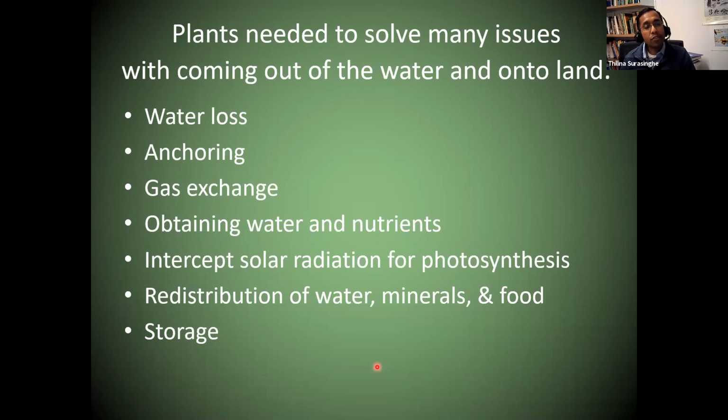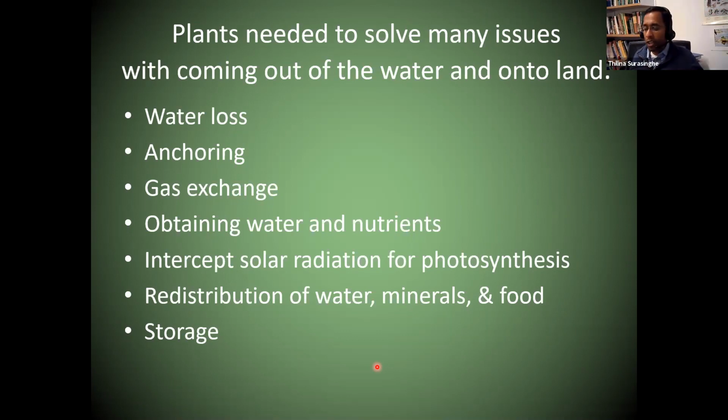How do you maximize interception of solar radiation for photosynthesis? That's a challenge. But if availability of water, minerals and food synthesis is a challenge, then once a plant synthesizes food and absorbs water and minerals, the plant should have a particular mechanism to redistribute that.